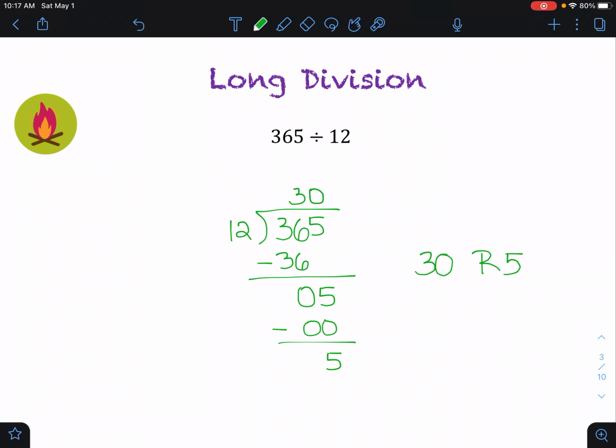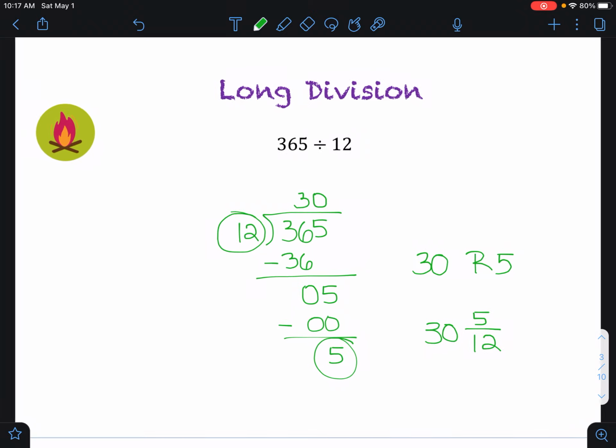But then as you got a little older, you started to learn how to write this as a mixed number, 30 whole, and then you had the remainder over the divisor. So your remainder is 5, and that would go over your divisor 12. So you would have 30 and 5 twelfths. You would make sure that this is reduced, and that was how you long divided.